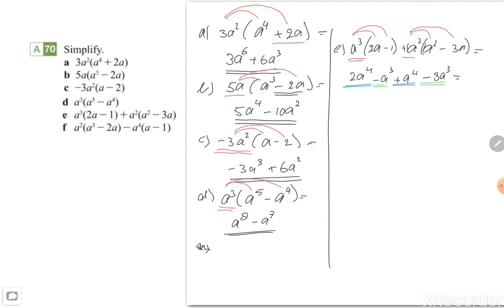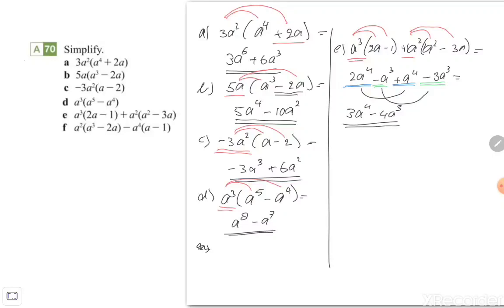So 2a to the power of 4 plus a to the power of 4 is 3a to the power of 4. And minus a to the power of 3 minus 3a to the power of 3 is minus 4a to the power of 3. And that's the answer.